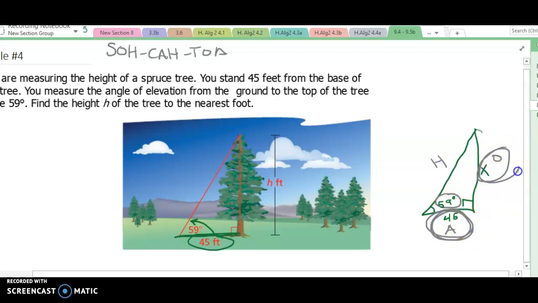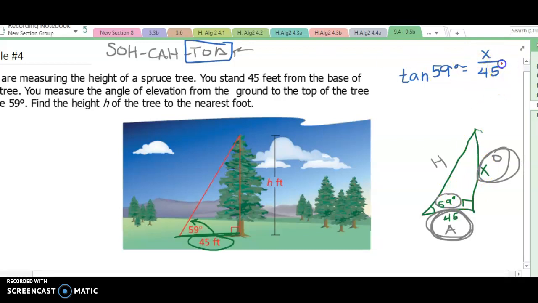I want to know my opposite side. So you're going to ask yourself, where up here in SOHCAHTOA do we see O and A paired together? Well, that is right here. So I'm going to use tangent. So I can say the tangent of 59 degrees is going to equal opposite over adjacent, so x over 45.